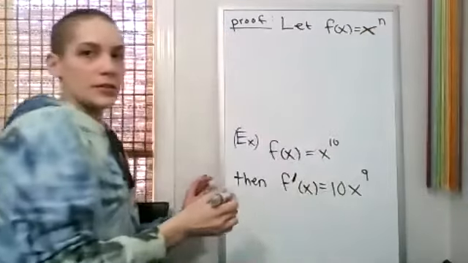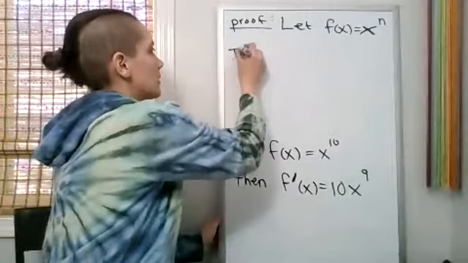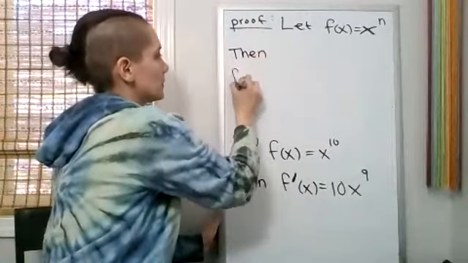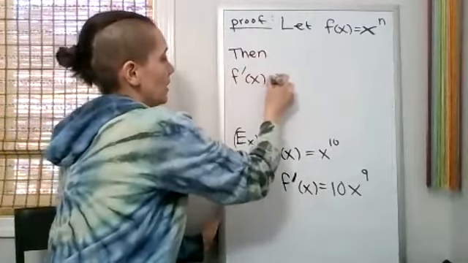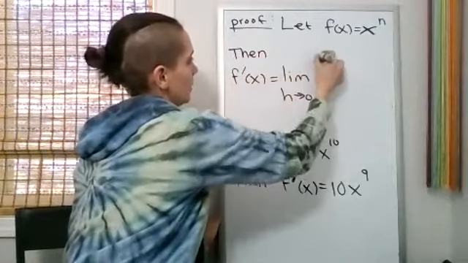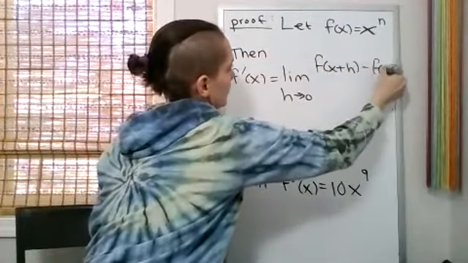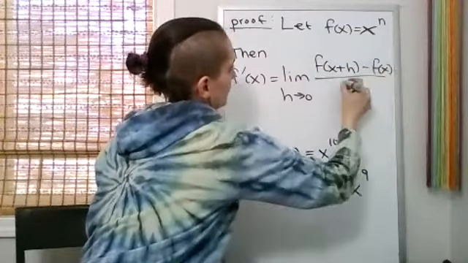Okay, so just introduce the function. Take the derivative. We want the limit as h goes to 0 of f of x plus h minus f of x divided by h.